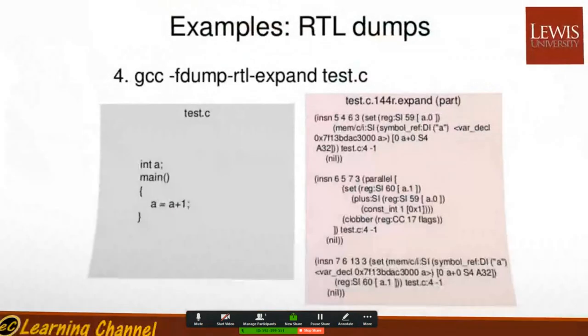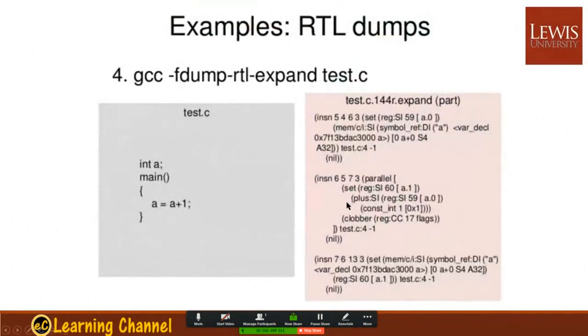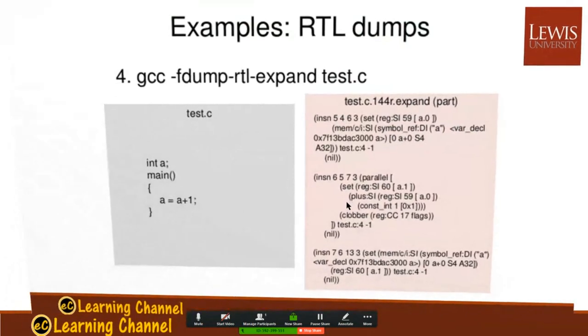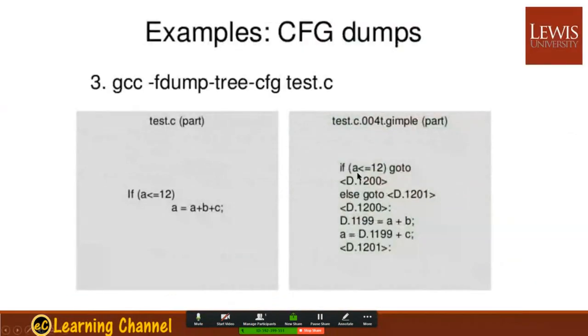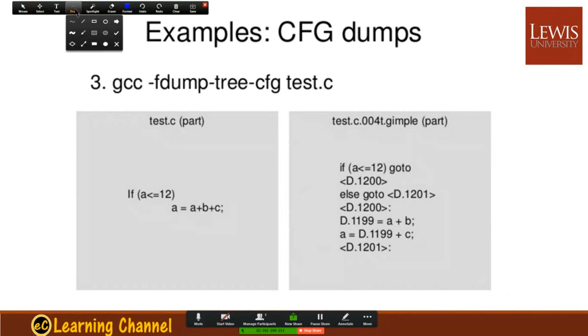Okay, now let's go back to this one. So right here, if you really look at this, this one is more like an assembly code jump less than or equal, right?